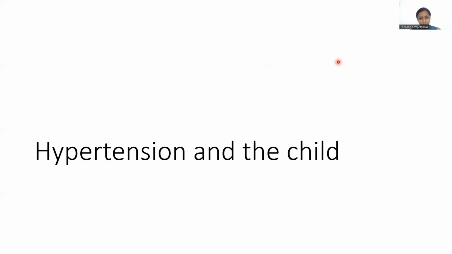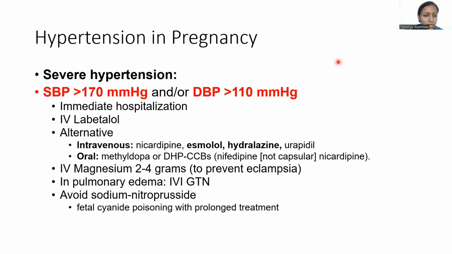Right, so we spoke about severe hypertension in pregnancy. In eclampsia, we go for IV labetalol. If you don't have it, you can go for IV hydralazine. If you don't have labetalol, especially peripherals may not have it, you might have hydralazine.